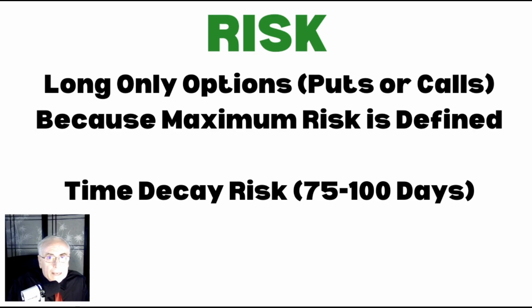The second element of the risk is the time decay risk. I'm going out on the contract for a minimum amount of time, usually 75 days to 100 days, something in between, ideally, because I'm not going to risk going in on a 1 day option or something crazy, even like a 5 day option.